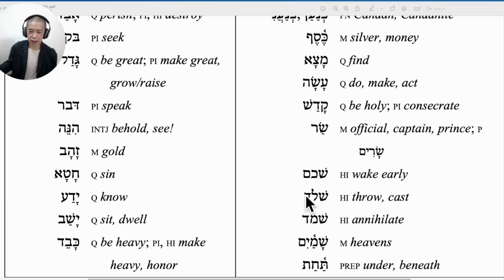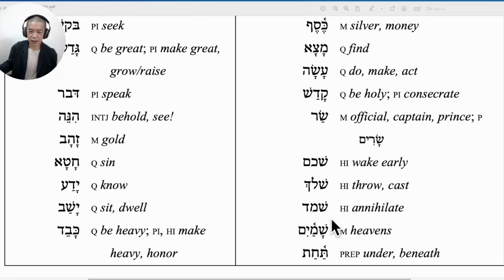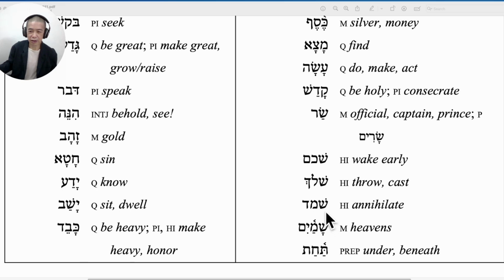This is the final form of kaf. The next word is annihilate. It's characterized in Hebrew with the three letters shin, mem, and dalet.